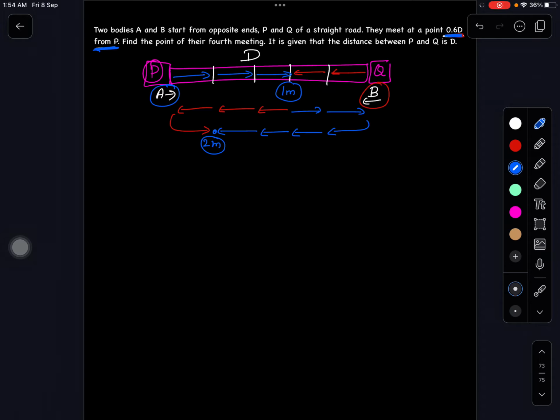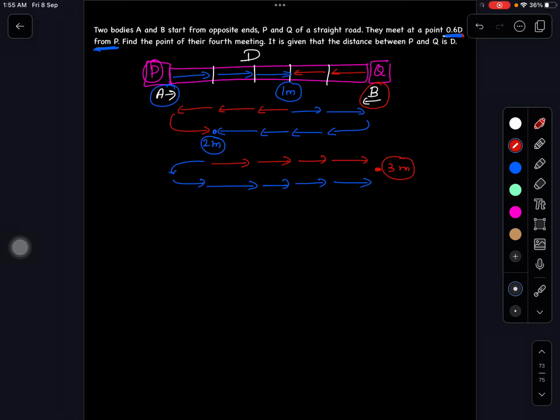So A makes 1, 2, 3 and reaches Q. At the same time, B also reaches Q. So this is where the third meeting is happening.